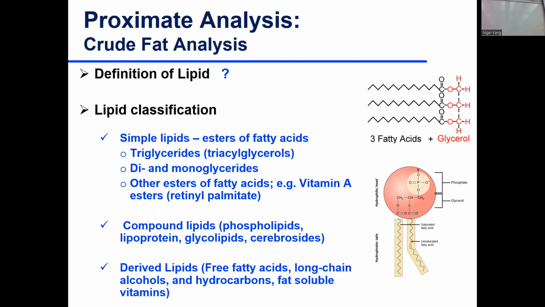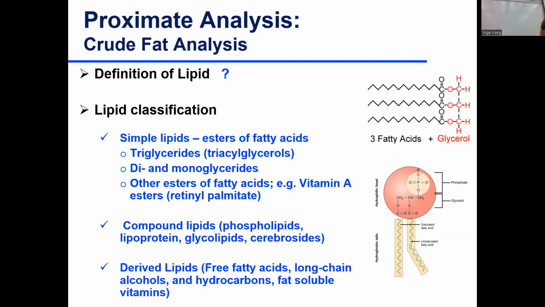Lipids, since they are really, really diverse, they don't have a specific definition unless they have a characteristic that they are not soluble in aqueous solution, in water, but they are soluble in organic solvents. This is the only definition that we can present for lipids since they are really, really diverse.